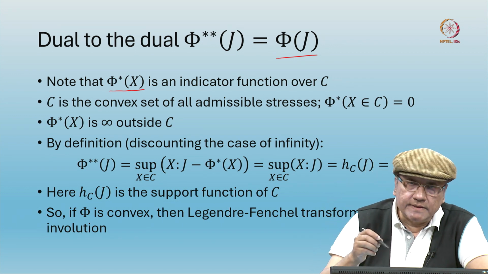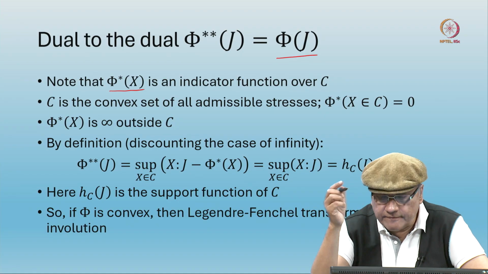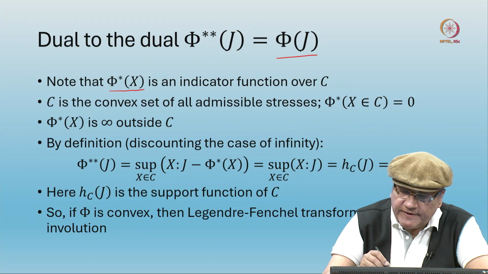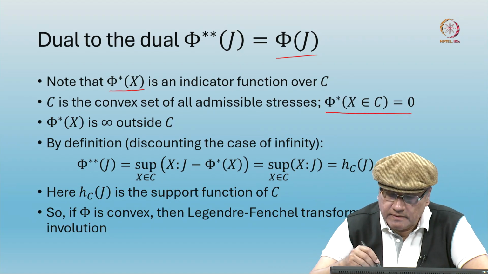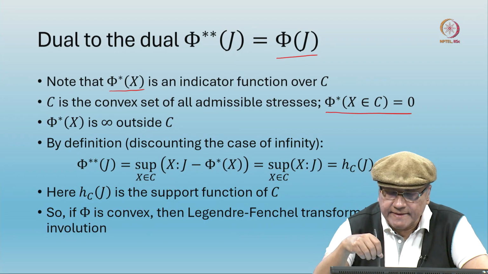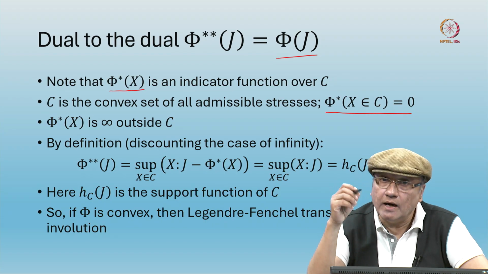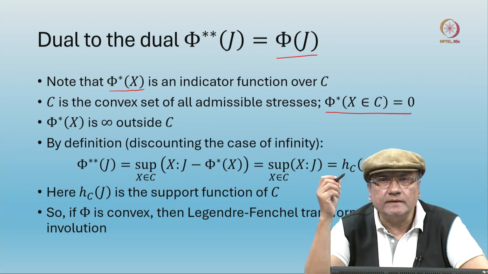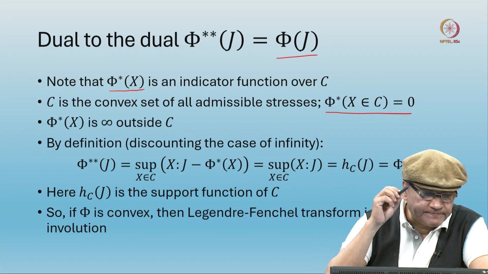Since phi star is an indicator function over C, for all stress like objects, call them the thermodynamic force x, for all x in C, phi star turns out to be 0. Outside of C, phi star takes a value of infinity. All this we have seen, right.